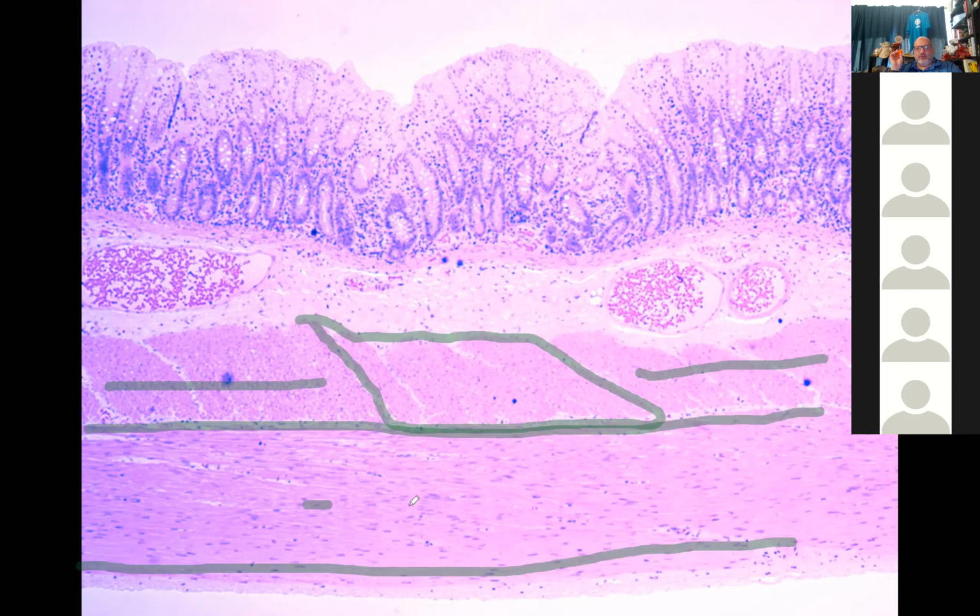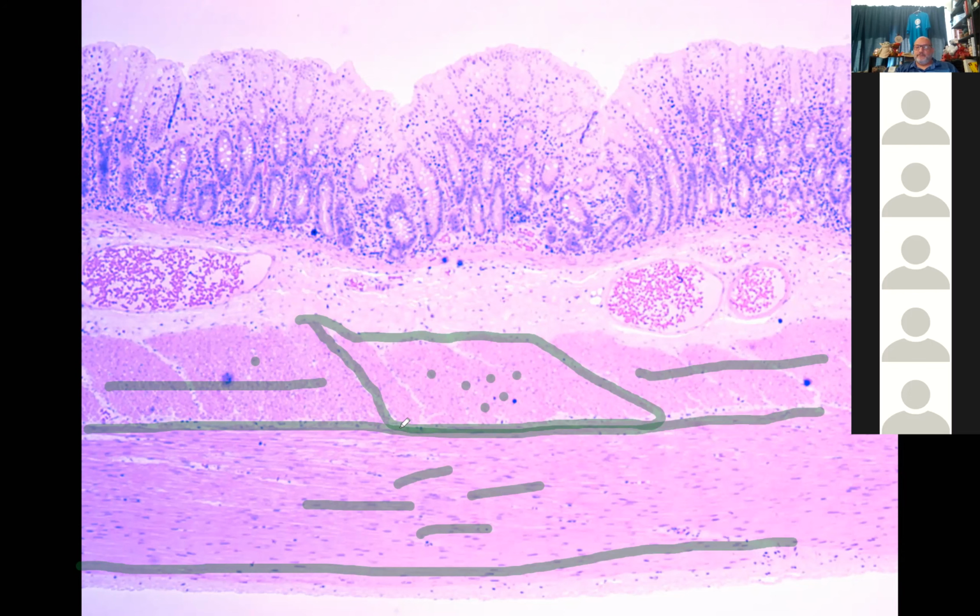Notice here, we can see the cells in parallel, whereas here, we just see the cells in cross-section. So we can clearly see that these are 2 distinct planes of muscle layer because of the differences in the orientation of the 2 layers. Here, the cells are all longitudinal laid together. Here, we just see the cross sections through them. So the 2 layers are very distinctly different.